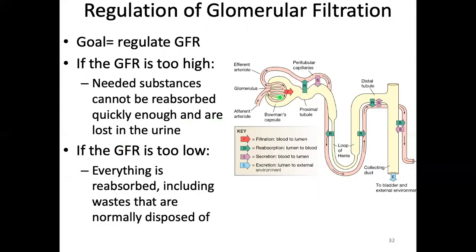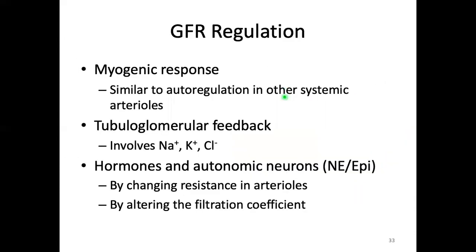So if you look at the picture, if filtration is going too fast, then urine's going too fast through the tubes, right? And you can't reabsorb nutrients. If filtration rate is too slow, then you're going to reabsorb nutrients, but you're also going to reabsorb waste that you're trying to get rid of. So you want to keep this constant. So regardless if you're running or sleeping at night, glomerular filtration rate is constant.